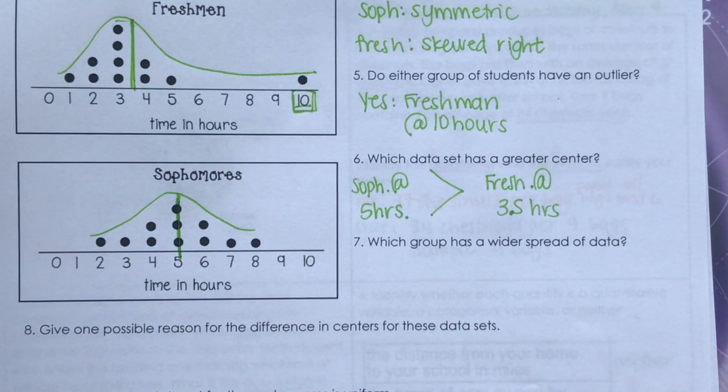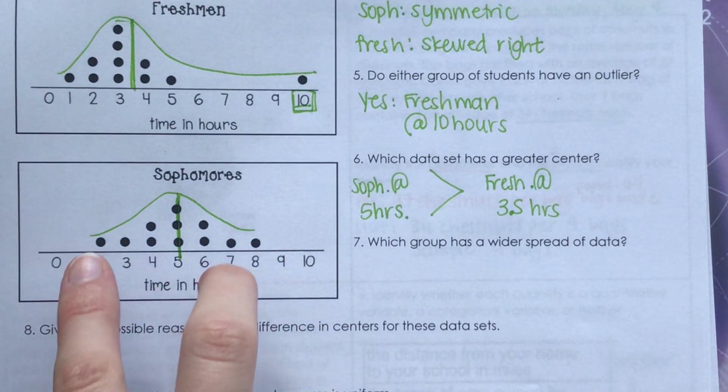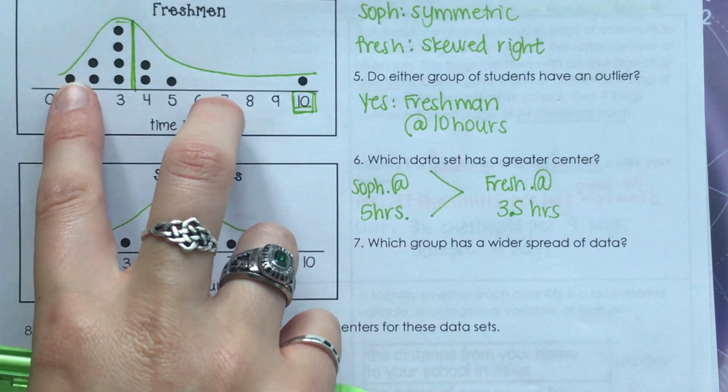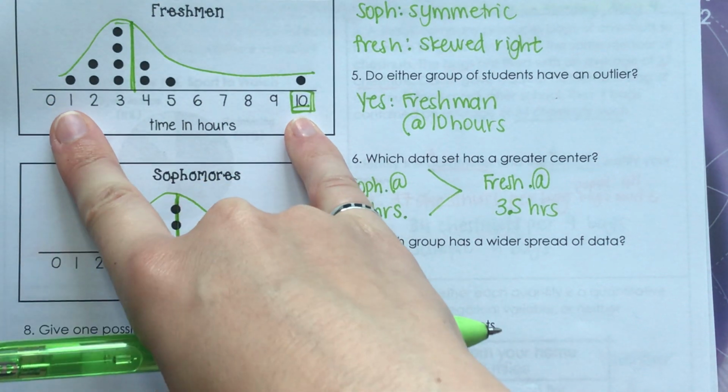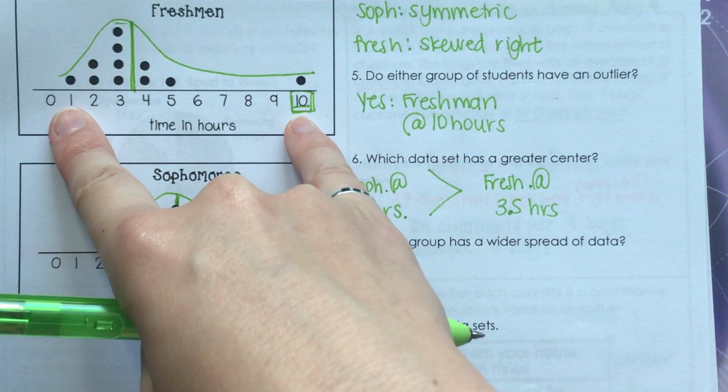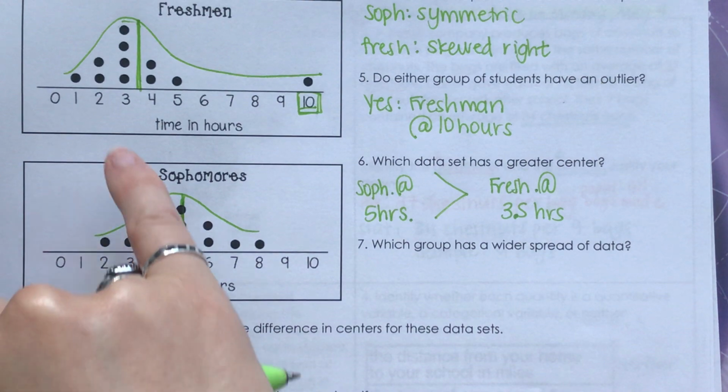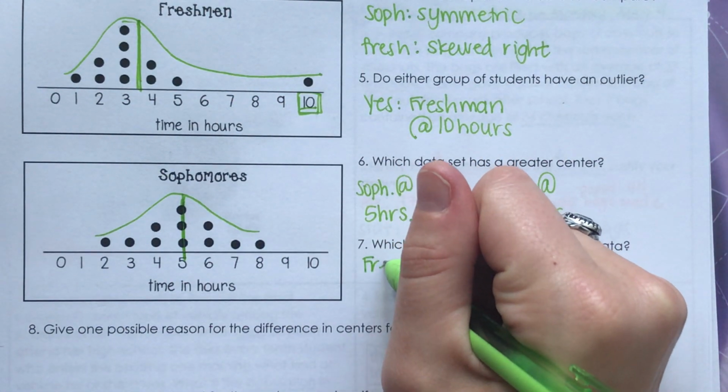Which group has a wider spread of data? Now, I can't look at this data and determine what the standard deviation or the interquartile range would be for each one, but I can look at my spread of data where it starts versus where it ends. If I include this outlier for freshmen, it looks like I go from 1 to 10, which is 9 hours, right?